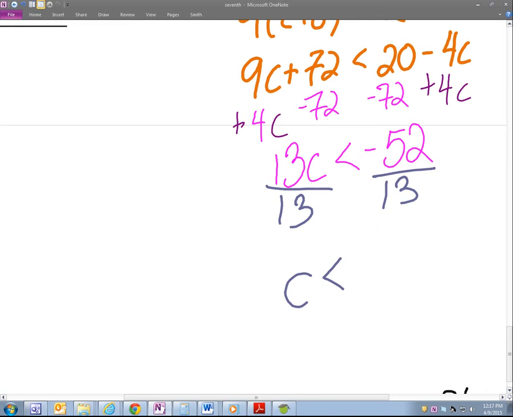So 52. Negative 4. C is less than negative 4, for every value on a number line where c is less than negative 4.